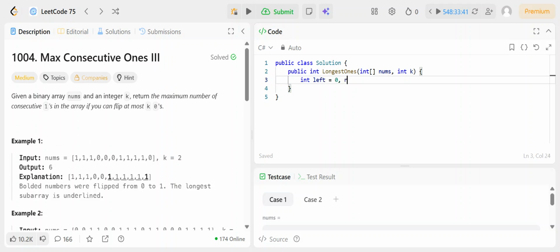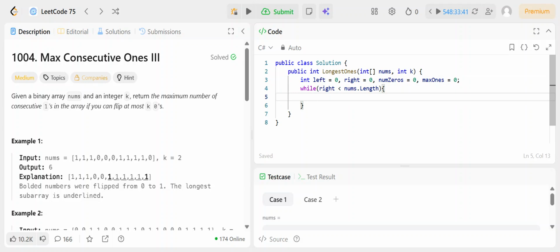As I told, I am taking left, right, number of zeros, and max ones, which is the result. So 4 parameters, and what I'm checking is while right is less than nums.length. This is the condition. What are the next steps?